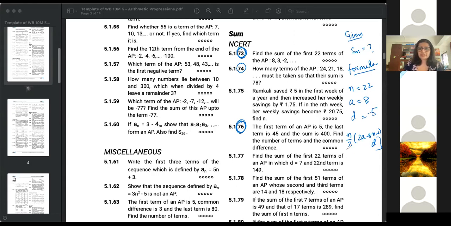Figure out which formula you're going to use and then apply that. Okay. In the meantime, Anirban will see n by 2, so 22 by 2. 2a matlab 2 into 8 is 16 plus n minus 1, which is 22 minus 1 is 21 into d, which is minus 5. So you will end up getting 11 into 16 minus 105.